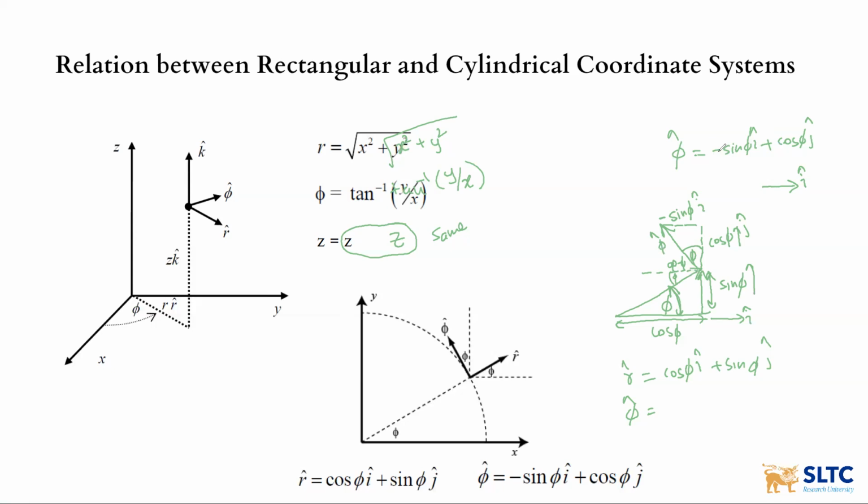So we are multiplying by a minus sign to get it to the correct direction. And then we also add the y-axis component, which is cos phi j hat. So with that, we can define r hat and phi hat unit vectors. The z hat unit vector remains the same as k hat, since it does not change with the Cartesian coordinate system. So I hope that is clear to you.